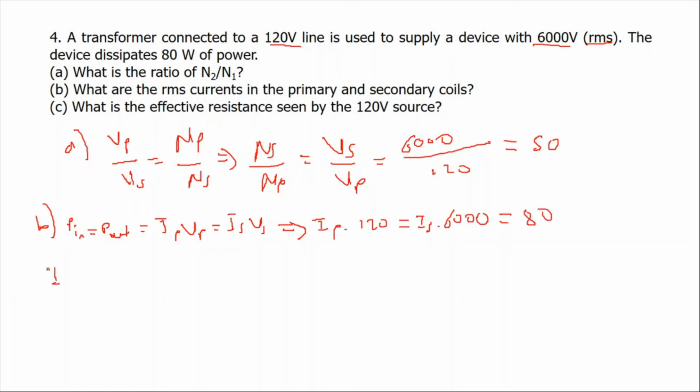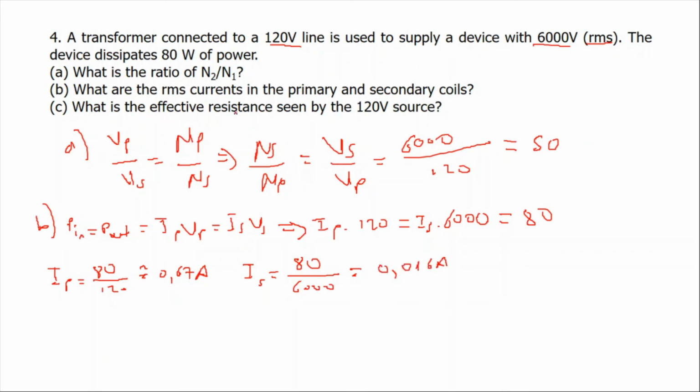So from here we can calculate I primary is equal to 80 divided by 120, and it will be approximately 0.67 amperes. I secondary on the other hand will be equal to 80 divided by 6,000, and this will give us 0.016 amperes.